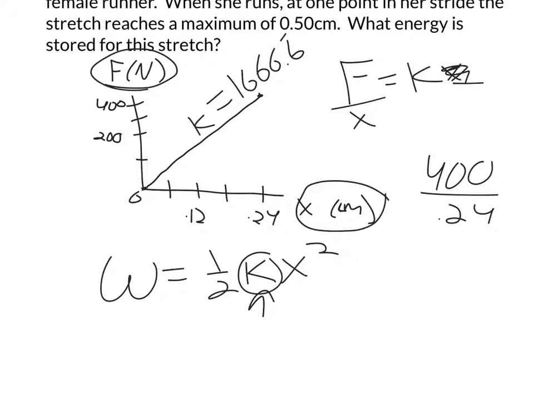So let's plug that in here. The energy, which we could also call the elastic potential energy, at the maximum stretch of 50 centimeters will be half. Interesting. I did my k value in centimeters, so I think I better put my x in centimeters. Oh gosh, this is always tricky.